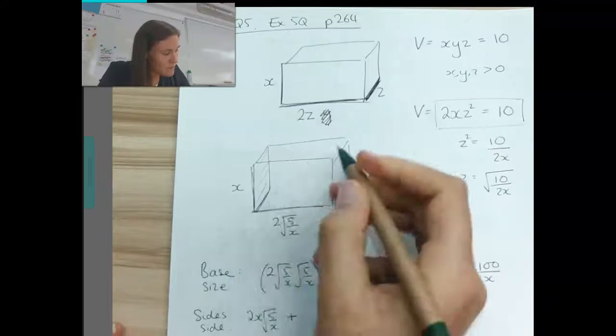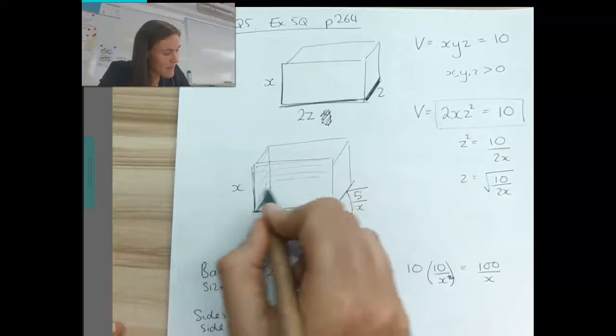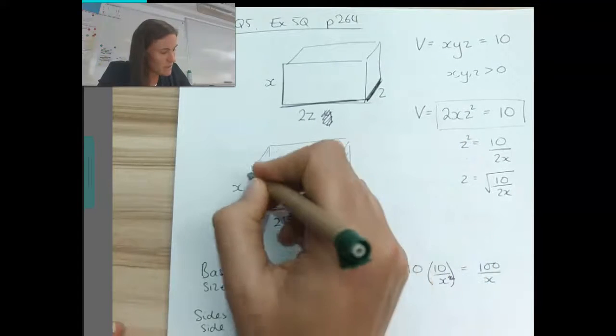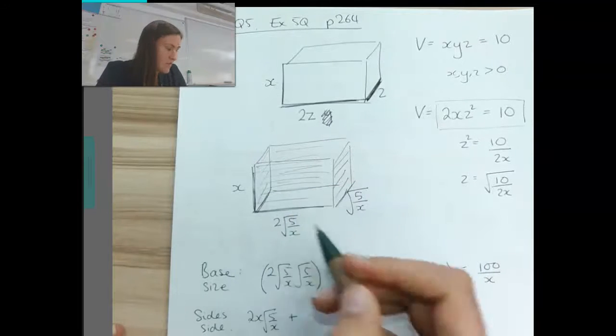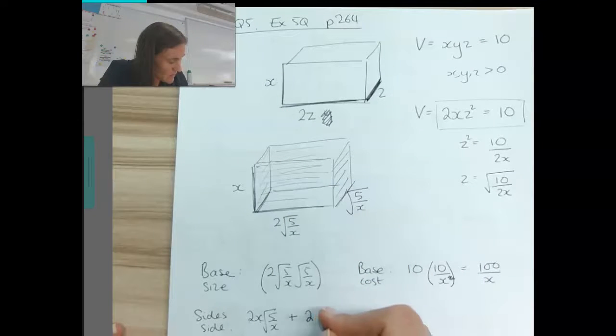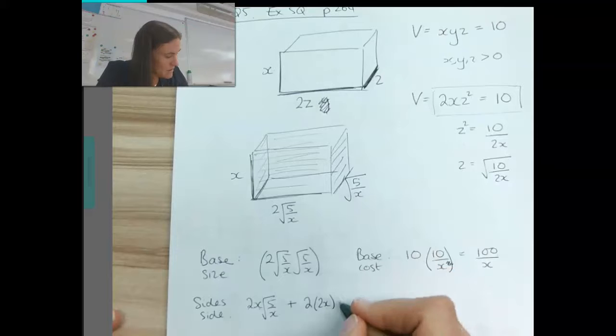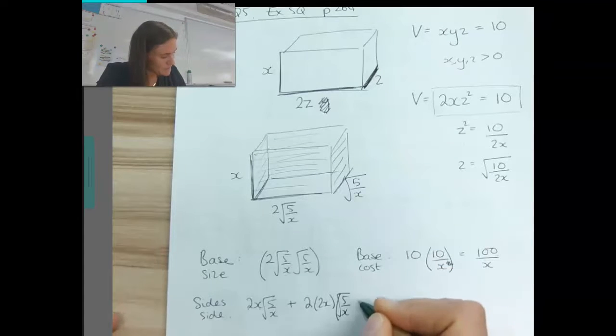And I'll have 2 kind of front and back, if you like. So that's the other side, front and back, which will be x by 2 root 5 over x. And I'm going to have 2 of those as well. So 2 times 2x. I'm putting those together as I go, times root 5 over x.